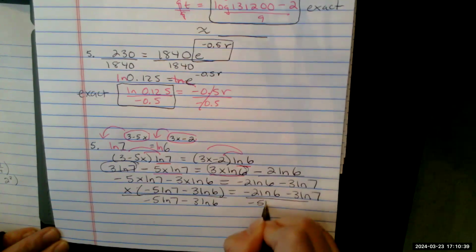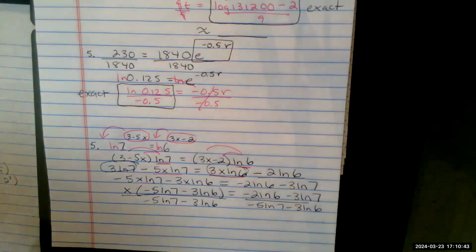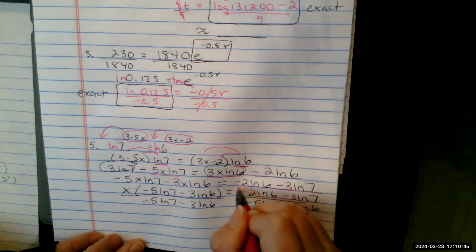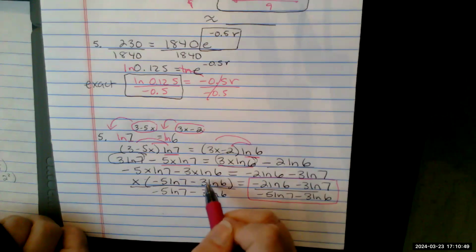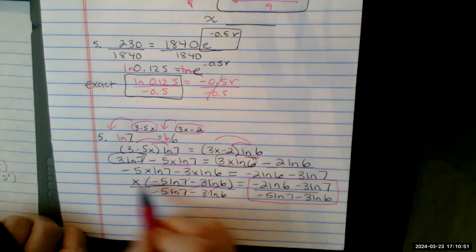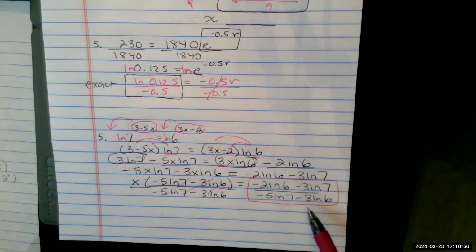This is definitely one of the more complicated types. So definitely not pretty, but this is my exact answer. X equals all of this, and you'll have to carefully put that in your calculator to get the approximate answer.